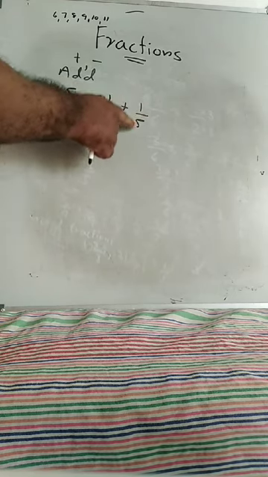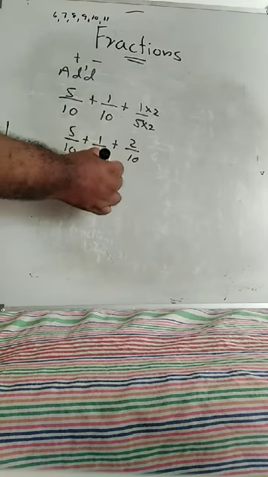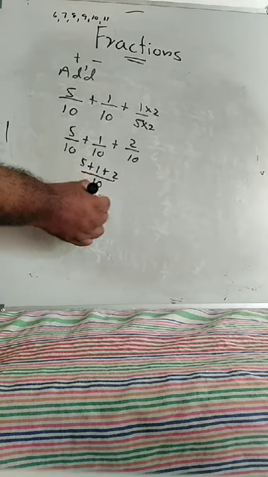When multiplied by 2, the denominators can be equalized. Then you can see 5 upon 10 plus 1 upon 10 plus 2 into 1 is 2, 5 into 2 is 10. If there are 3 fractions with equal denominator 10, then the numerators can be added: 5 plus 1 plus 2, 8, no? 8 upon 10.